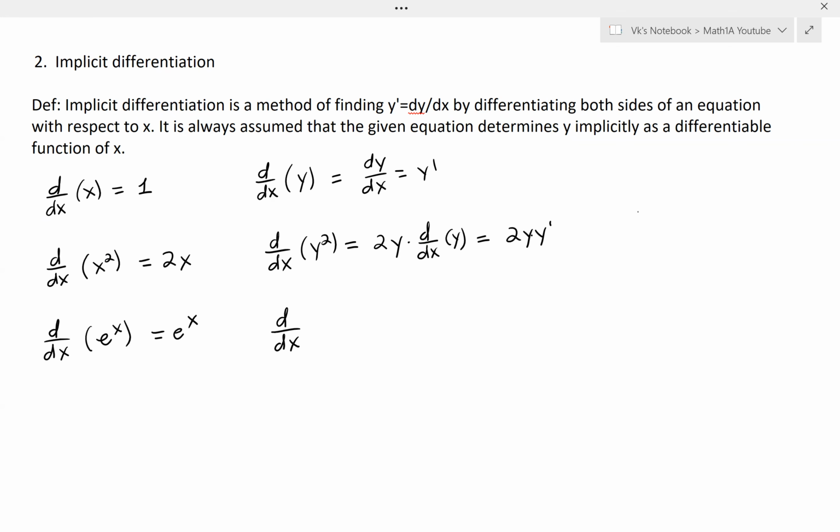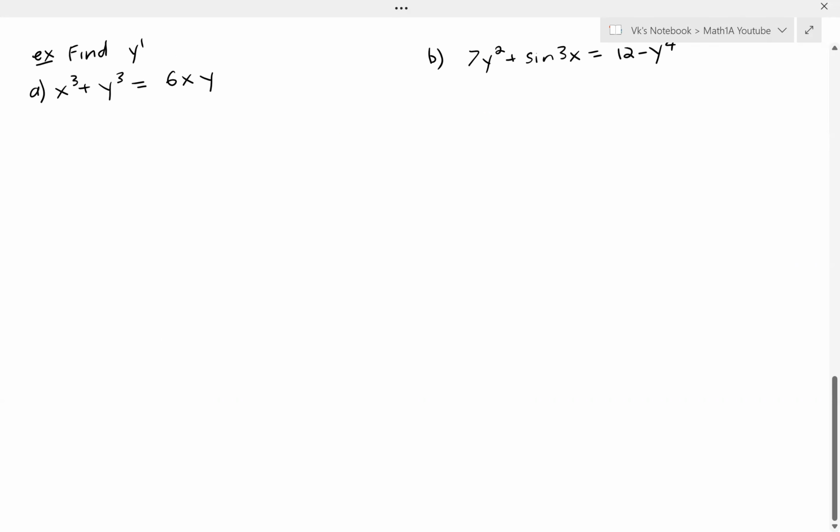Derivative with respect to x of e to the y: we treat y as a differentiable function of x. So the derivative of the outer function is e to the y multiplied by the derivative of the inner function, y prime.